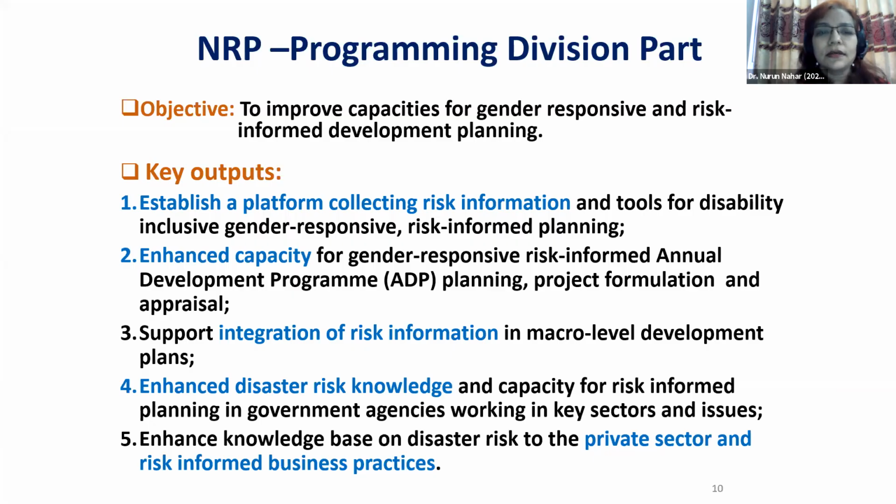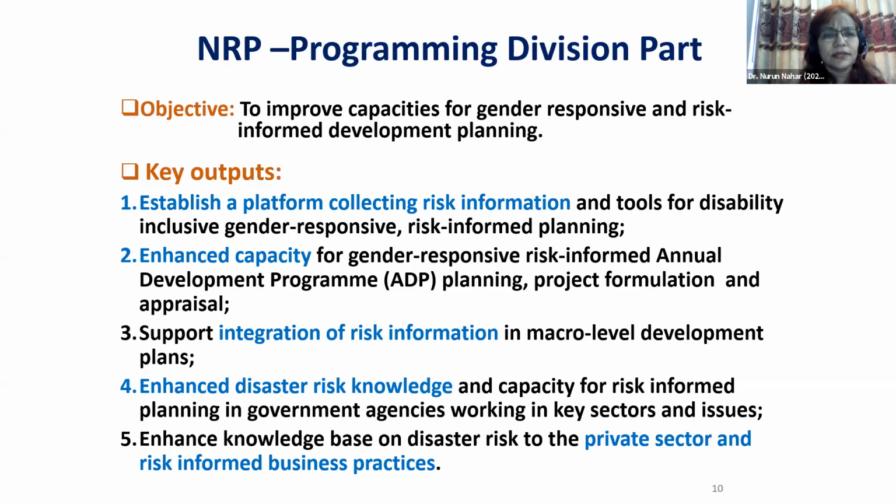Now, dear audience, I'd just like to very briefly say what we're doing in the NRP. The basic objective is, where all those national policies and global policies are there, to improve capacities for gender responsive and risk-informed development planning.